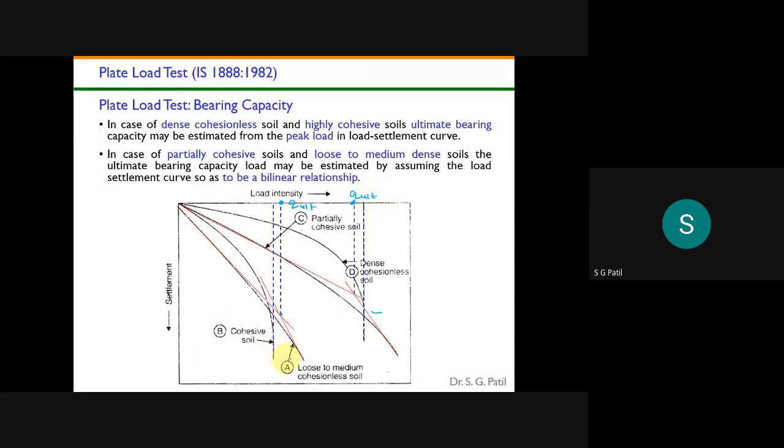For the other two curves, just by looking at the curve itself, you can conclude what your ultimate load bearing capacity is. But in loose to medium cohesionless soil as well as partially cohesive soil, you have to plot these tangents, and then you get the ultimate load bearing capacity where the two tangents meet.